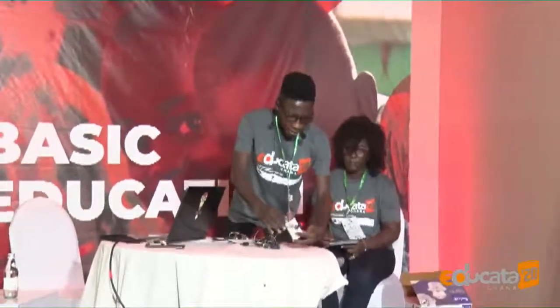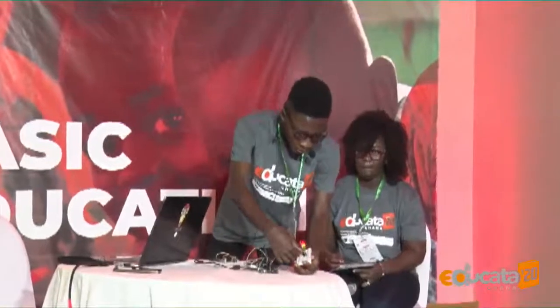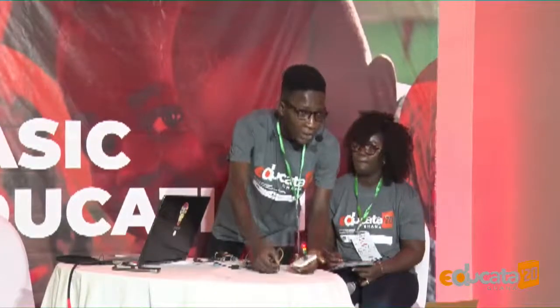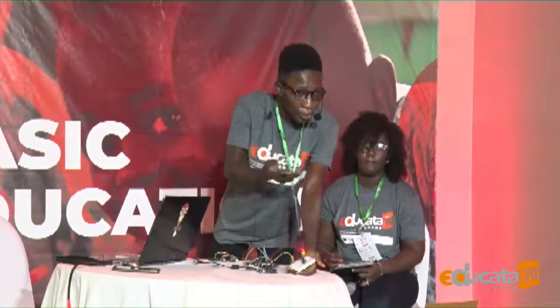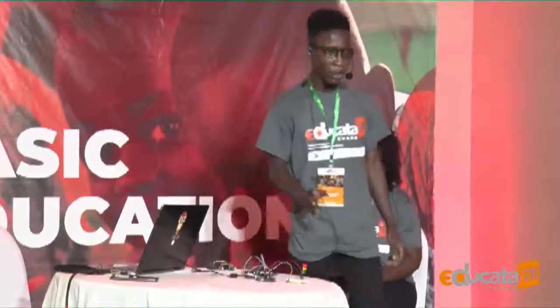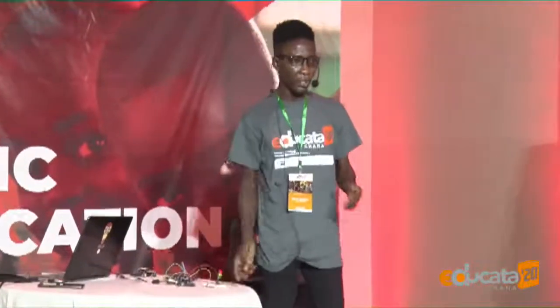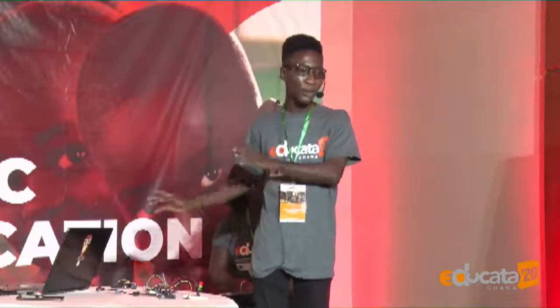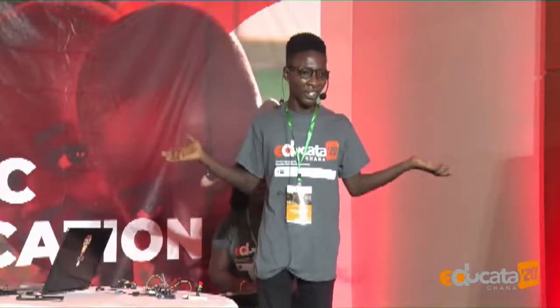Now, you see, only the red is on. So this is how our basic electronics circuit that we do in school works. So only the red is on. It means that this is going to be on until somebody comes to put it off. If there's nobody to put it off, it's going to be on until the battery dies. And since we're not using a battery, it means that it will be on forever.